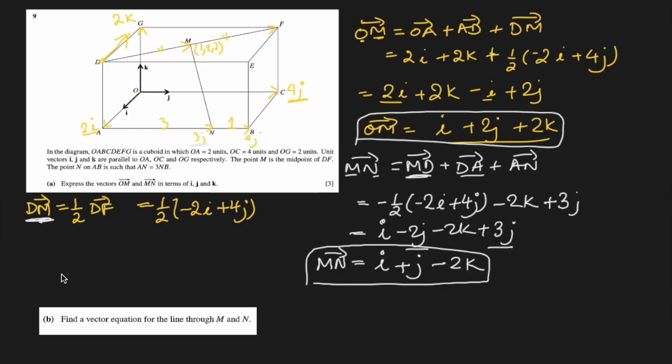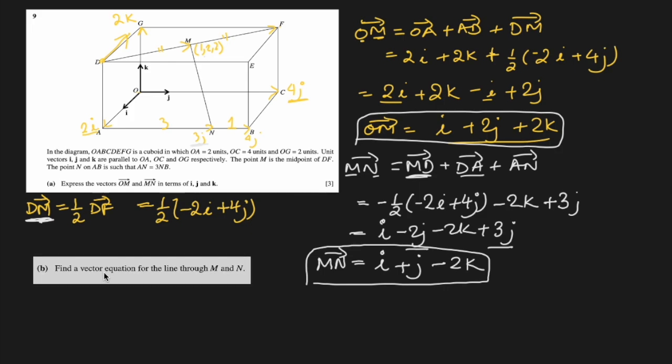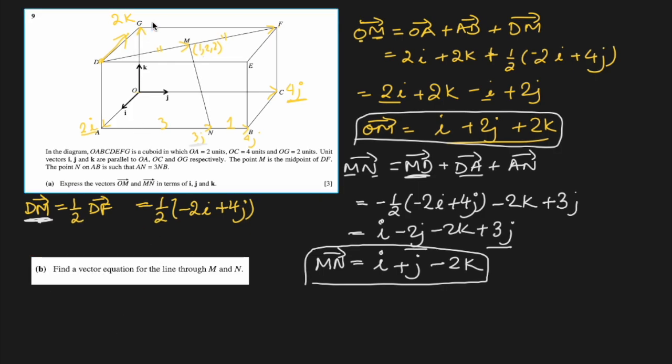Okay, second part of this: find a vector equation of the line through MN. So basically this line they're asking about starts somewhere, reaches M, then goes to N, and then goes down. We have to find the vector equation of this line. For a vector equation, what do we need? We need a point on the line. We know this point 1, 2, 2. Let's convert it to a vector, which is the position vector i plus 2j plus 2k. That's the point.